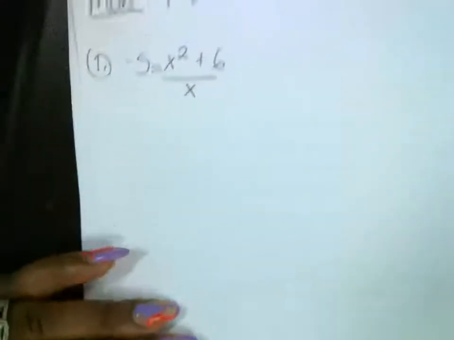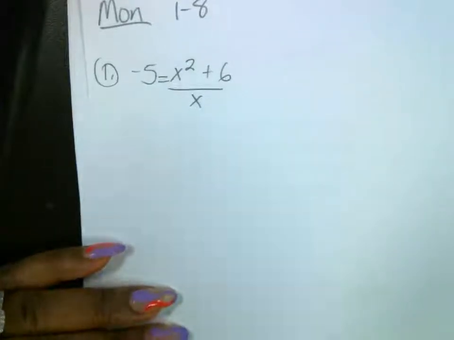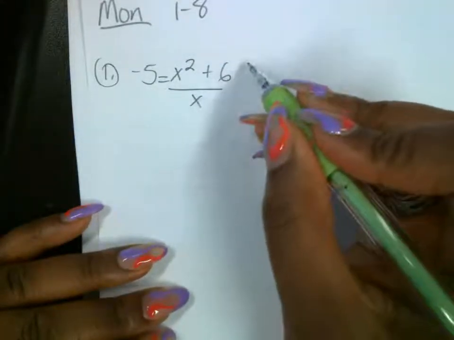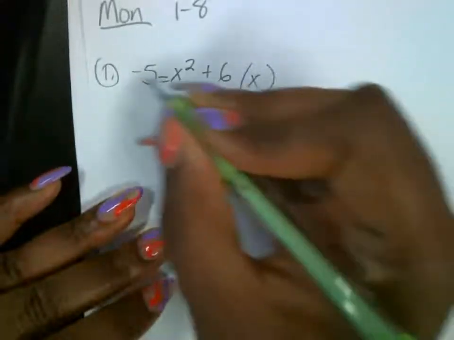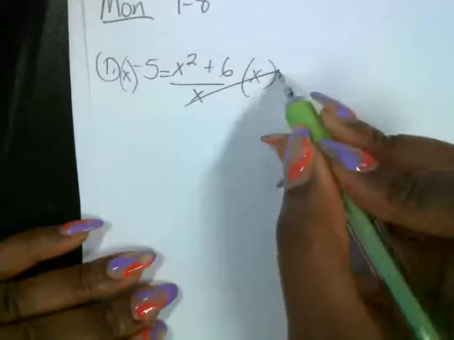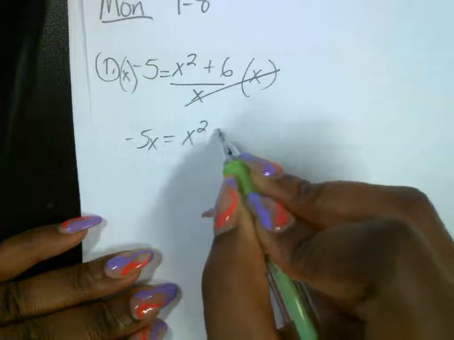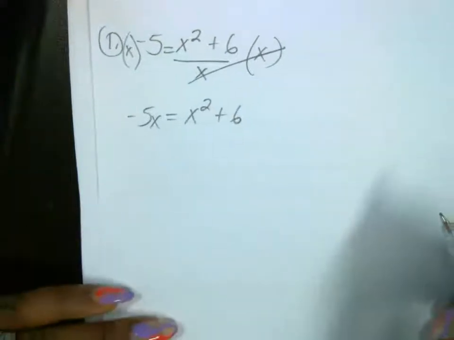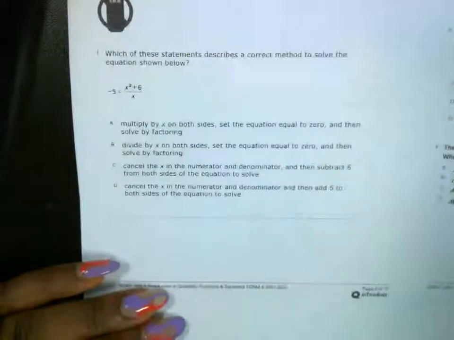Okay, so now we're going to multiply both sides by x. That'll get rid of the x on this side, and this gives us -5x equal to x squared plus 6.